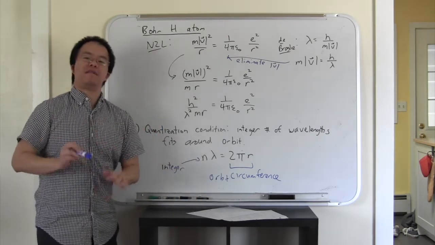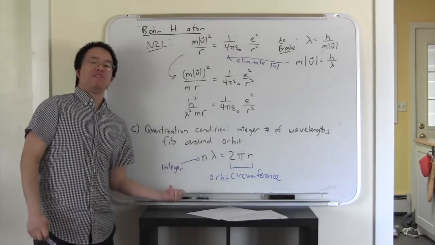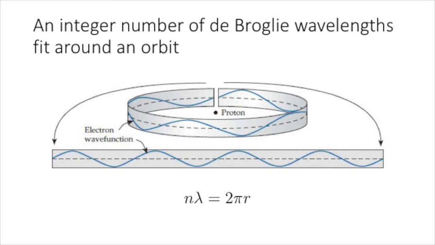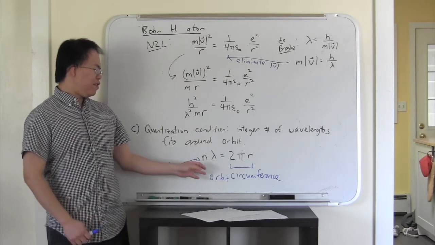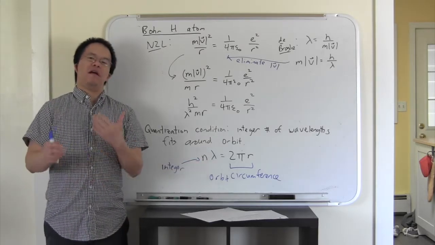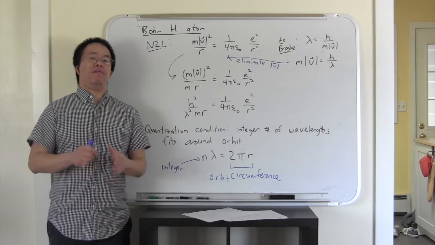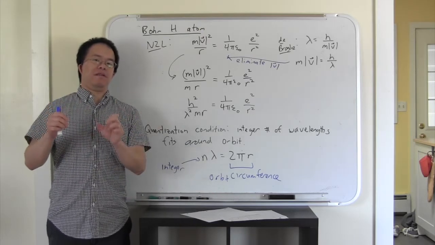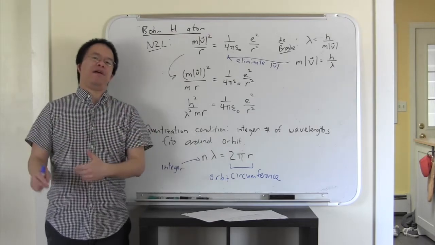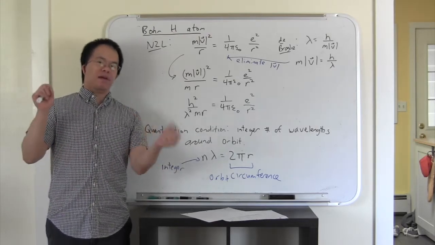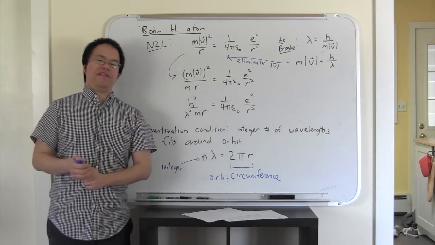Let me now cut to my computer so I can show you a picture of what this looks like. As I mentioned, this quantization condition is hopefully reminiscent of the infinite square well, where you could only have integer multiples of half a wavelength fitting within the well because the wave function had to vanish at the edges.